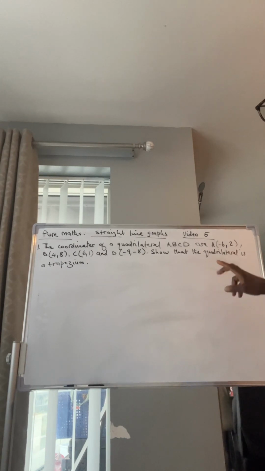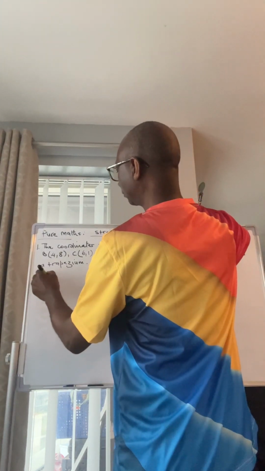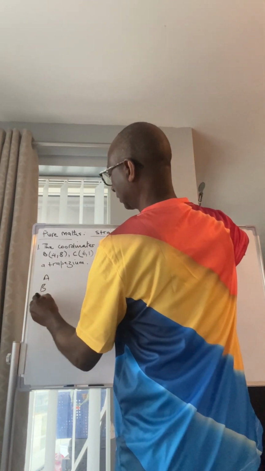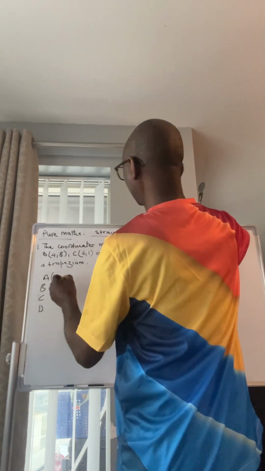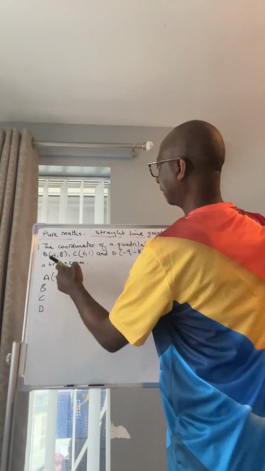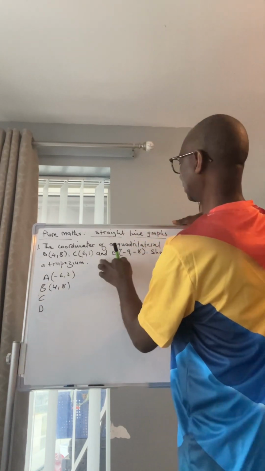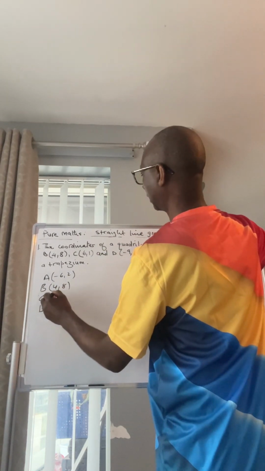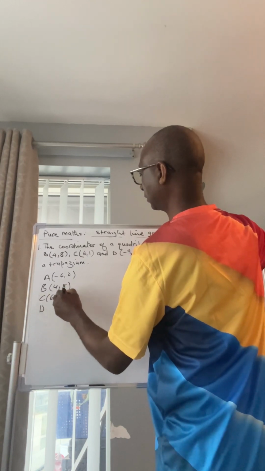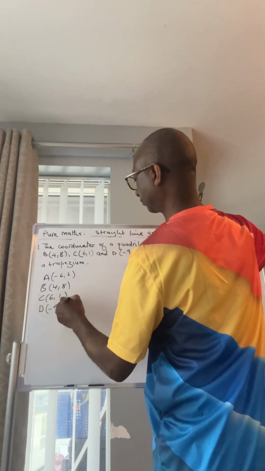You have A, B, C, and D, and A is (-6, 2), B is (4, 8), C is (6, 1), and D is (-9, -8).